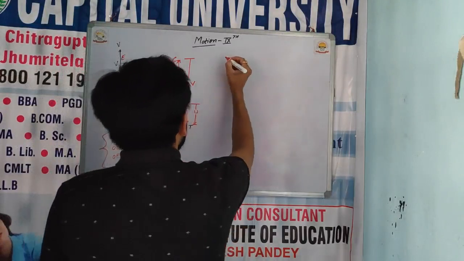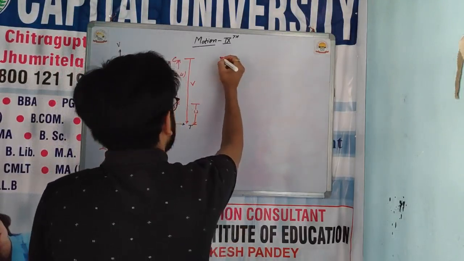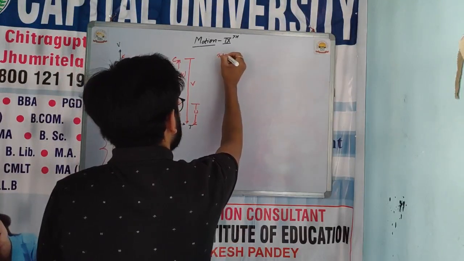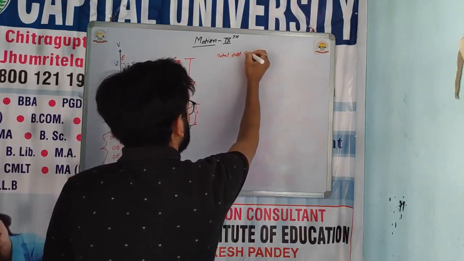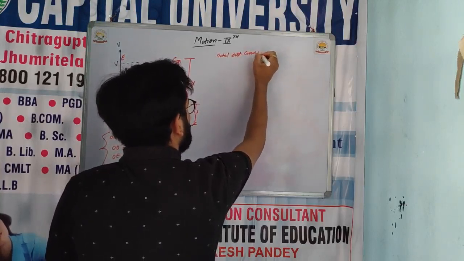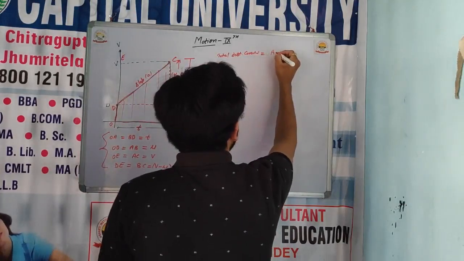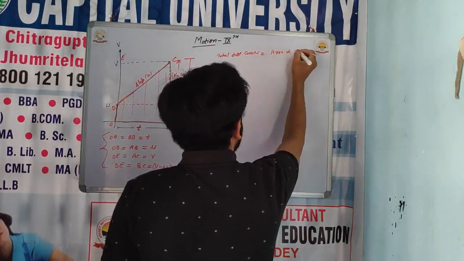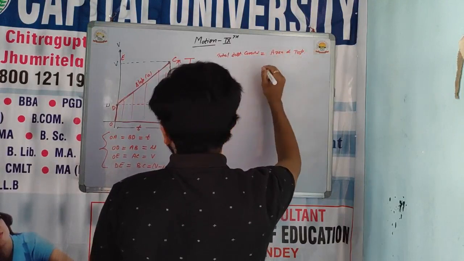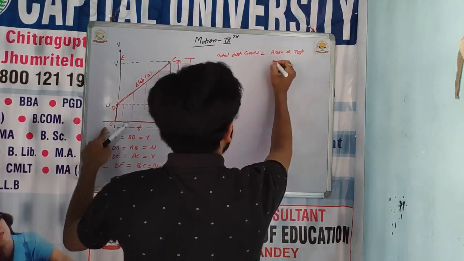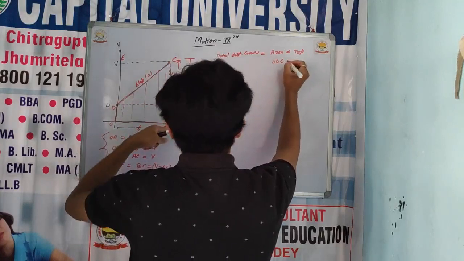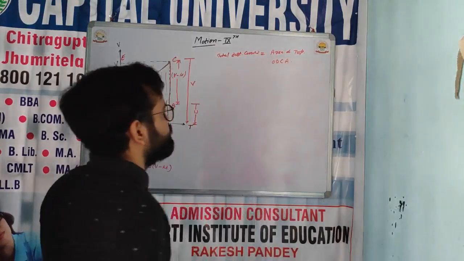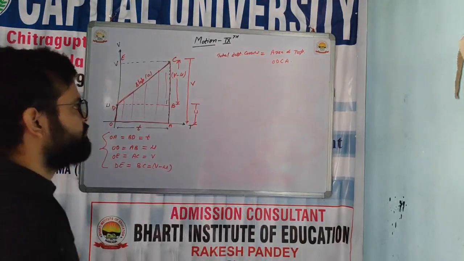So again, total distance covered equals the area of trapezium. What is the name of the trapezium? ODCA. Area of trapezium ODCA.